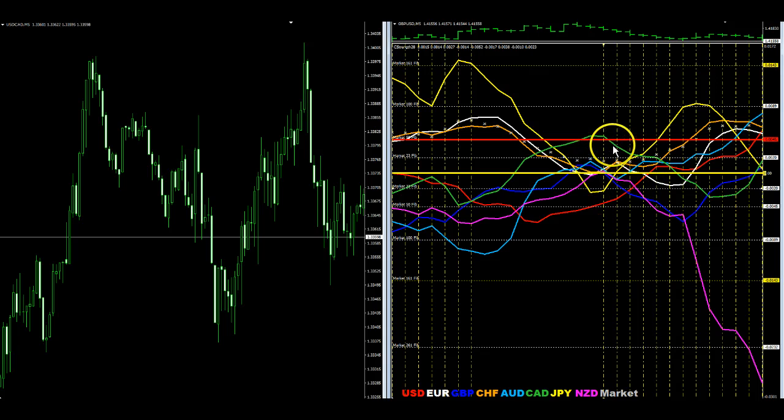So for example, let's take a look at these two right here. We've got the US dollar and we have the green, which is the CAD. If we were to draw those horizontal and vertical lines, here's how I'd go about it. Let me grab a line here.